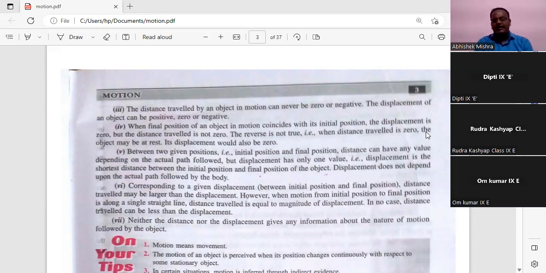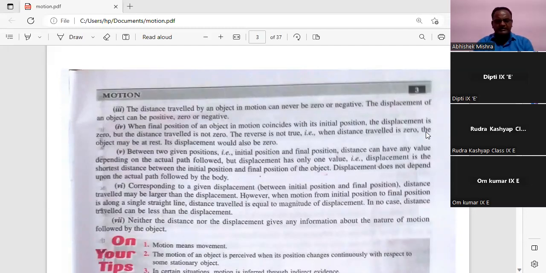Yes, correct. And when will it be negative? When it is traveling in the opposite direction. Yes, correct. At that time it will be the negative one. When the direction of the motion changes, that time it is a reverse one.